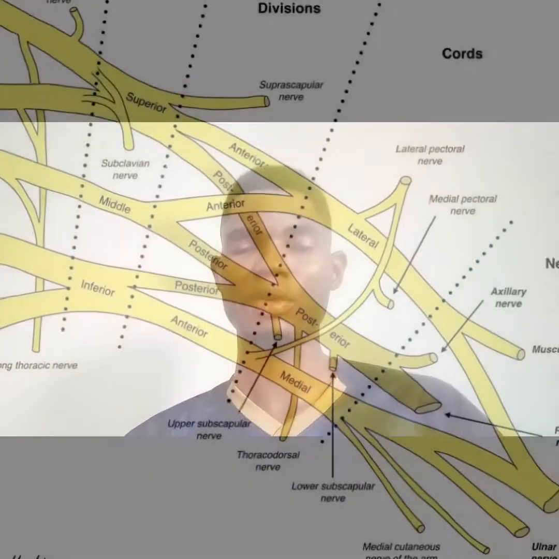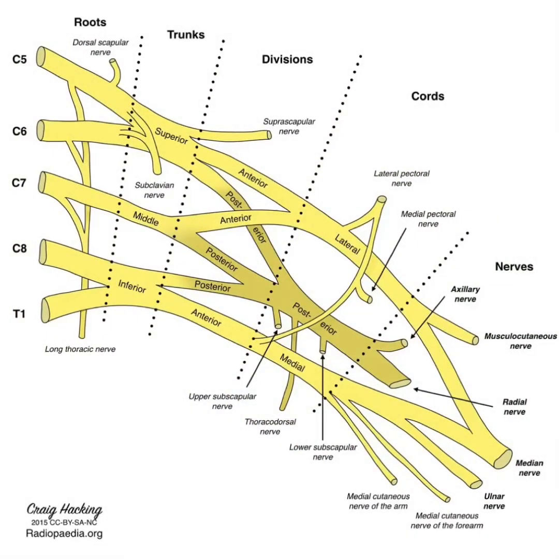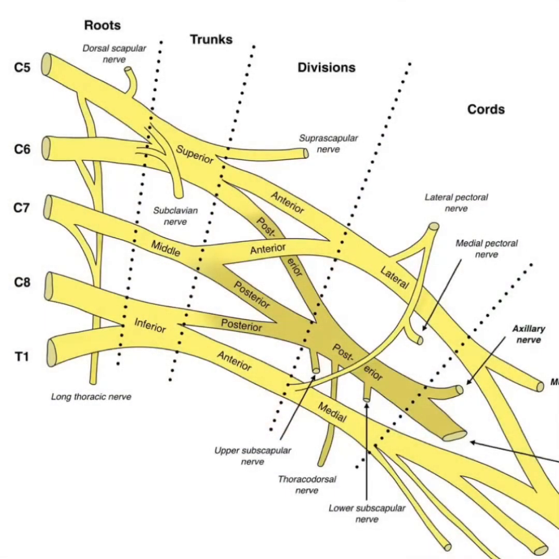So at the posterior triangle, the trunks of the brachial plexus divide. Each of the trunks divides into 2. The first one is the anterior division, whereas the second one is the posterior division.